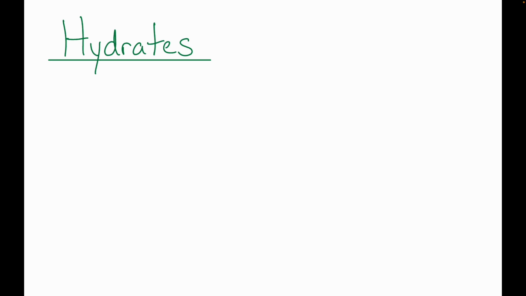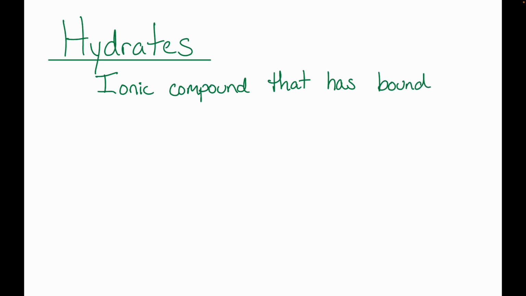Okay, so some salts, some ionic compounds will actually absorb water, whether you add water to them or it's just absorbing water molecules from the air, and we call those hydrates. All right, so a hydrate is an ionic compound that has bound water molecules.